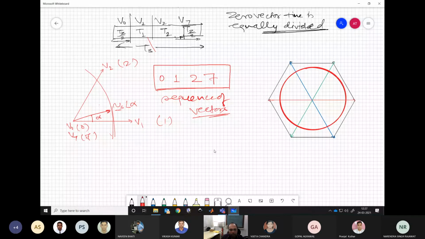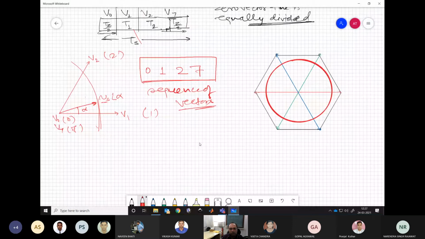Now this is what we do. In this sector, we sample at regular intervals. Let's say this is rotating, so we sample that at regular intervals. And similarly, we sample for the complete circle also. Let's say some sampling frequency, which means the time period Ts is decided by that.